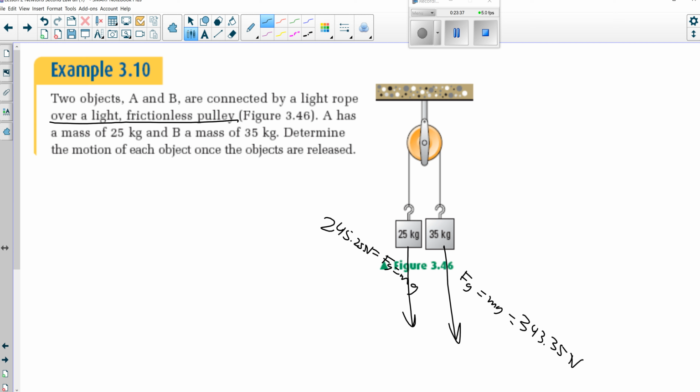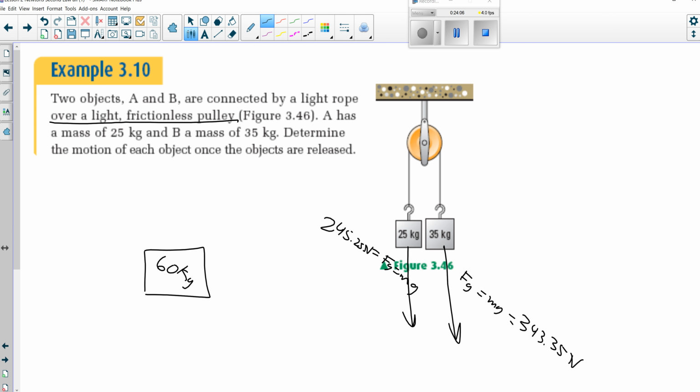All right, at this point, can I simplify this system? How would I simplify? What would it look like? Add the weights together and then just have 245 newtons up and then 343 newtons down. Yep. I usually draw them horizontally, but we could draw them vertically too. We combine those two masses, 35 plus 25 is 60 kilograms.